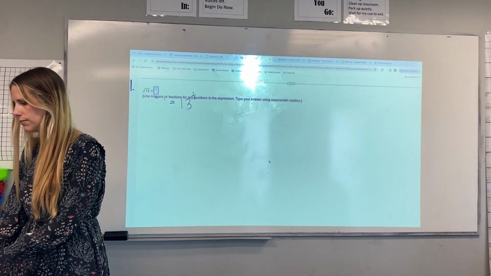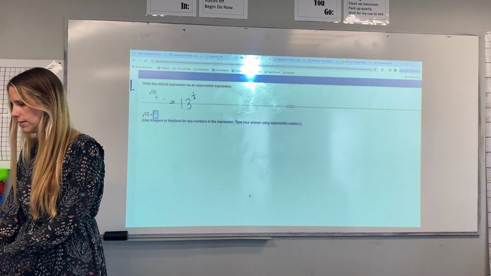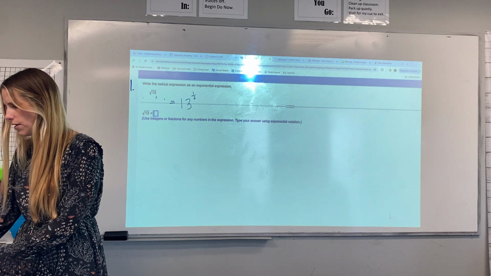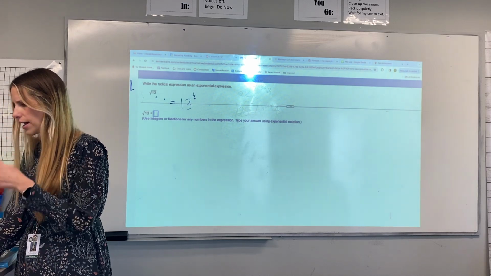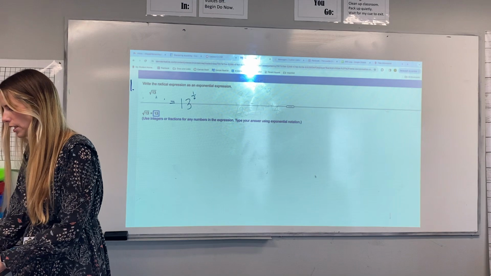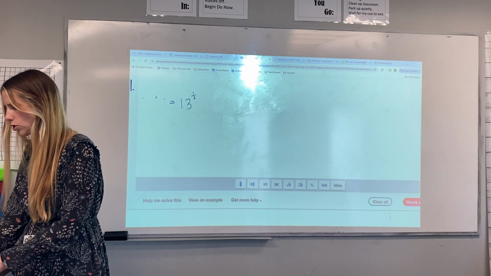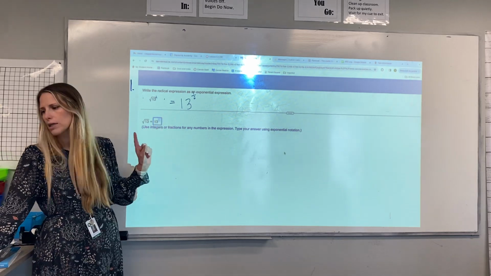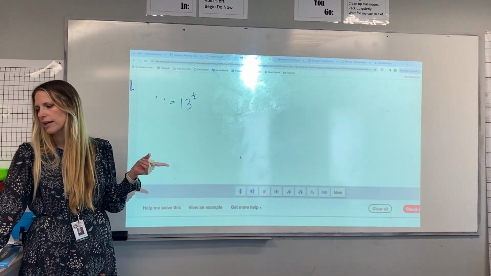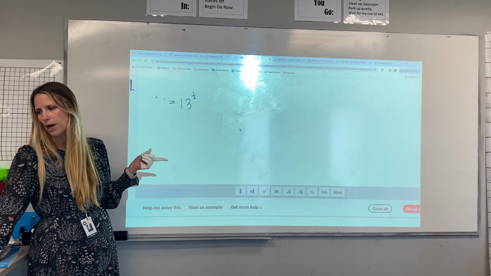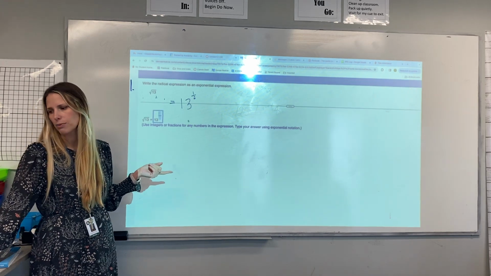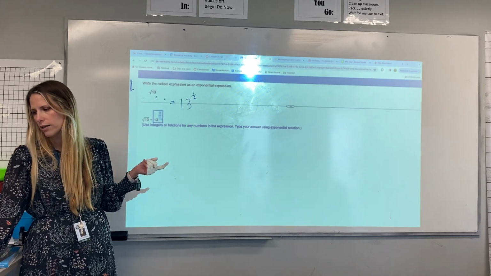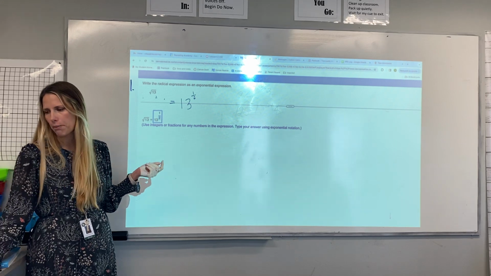First you write the number, so 13. Then you show that you want to do an exponent. Once you have the exponent there, you hit the fraction button to show that you want your exponent to be a fraction. And then you hit the 1 and then the 2. Do you want me to do that again?